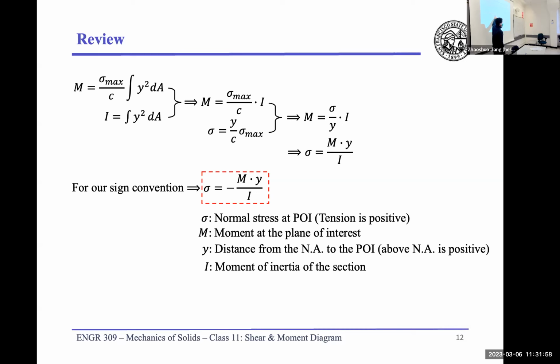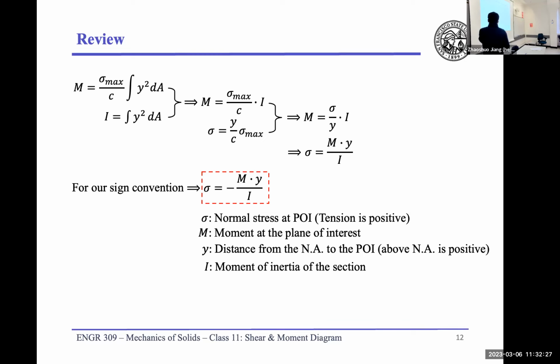Sigma is equal to negative, make sure you remember this negative sign, negative moment at the plane of interest times y. Again, y is the distance between your neutral axis and the point of interest, divided by the moment of inertia of the cross section. All right, and that is the equation for the normal stress.